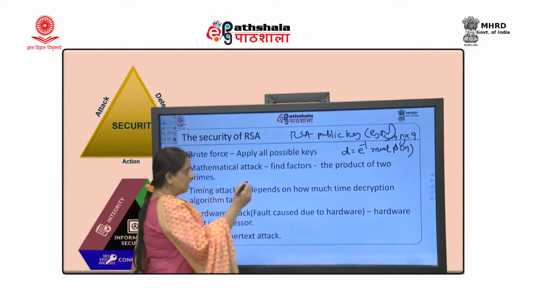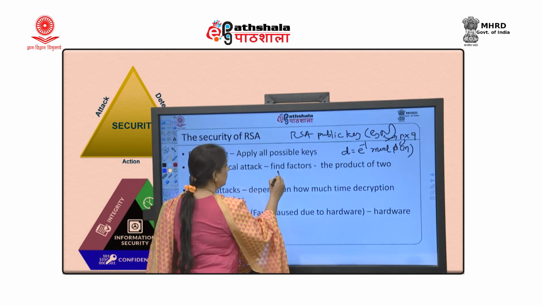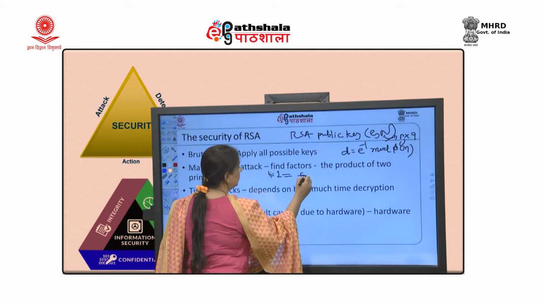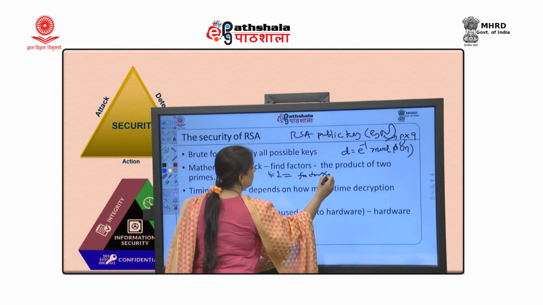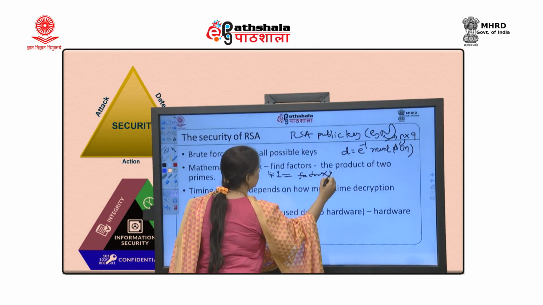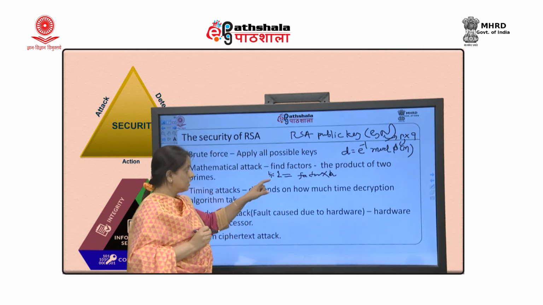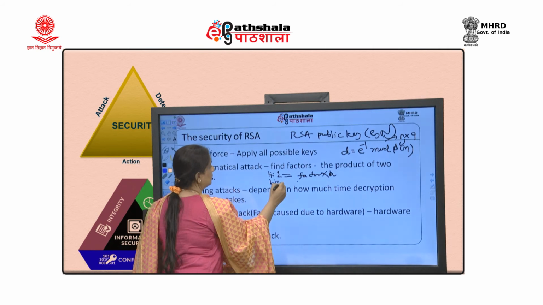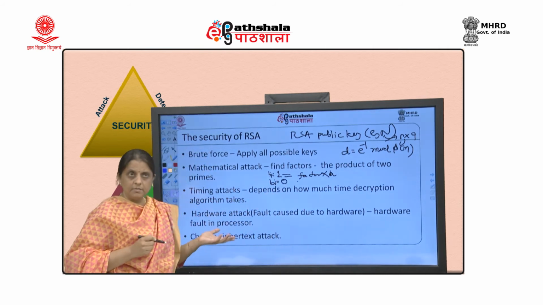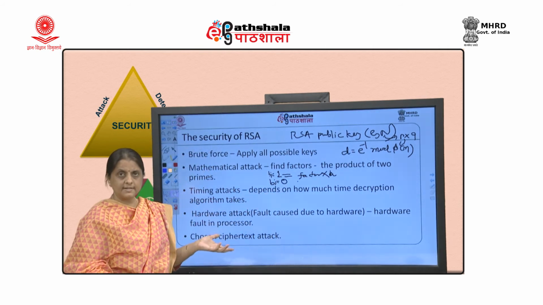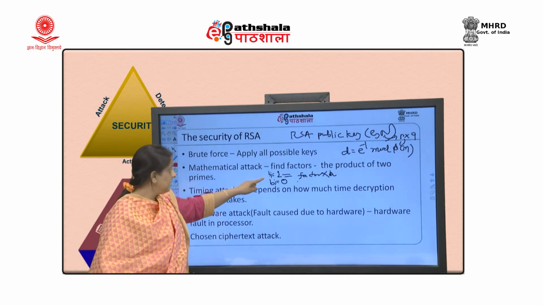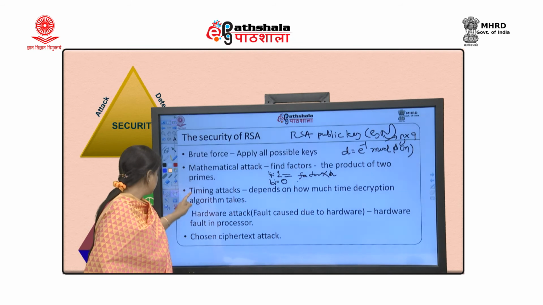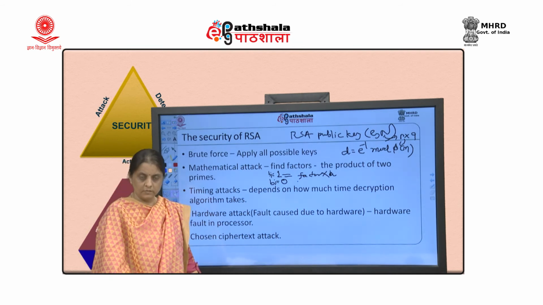If the bi value is 1, we are multiplying the factor into the base value a, fine. So, it would take more time than bi equal to 0. So, the attacker, by noticing how much time it takes, can find out whether it is 1 at that position or 0 at that position. So, that is a timing attack.